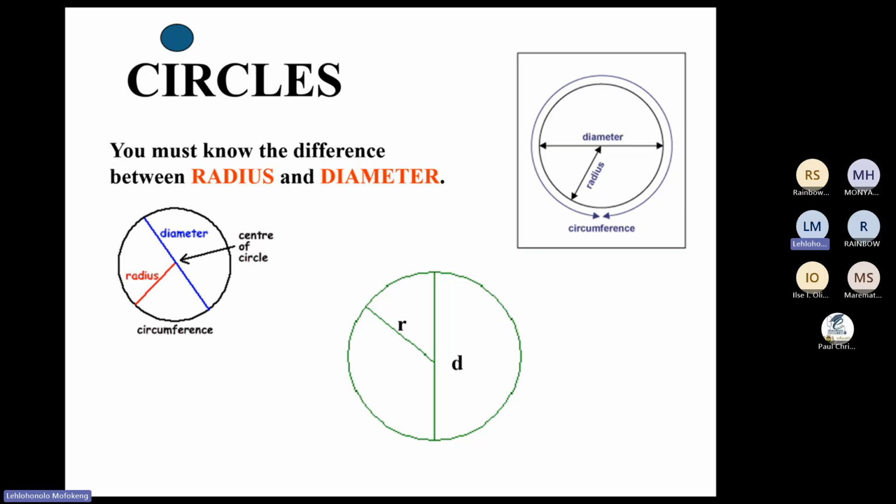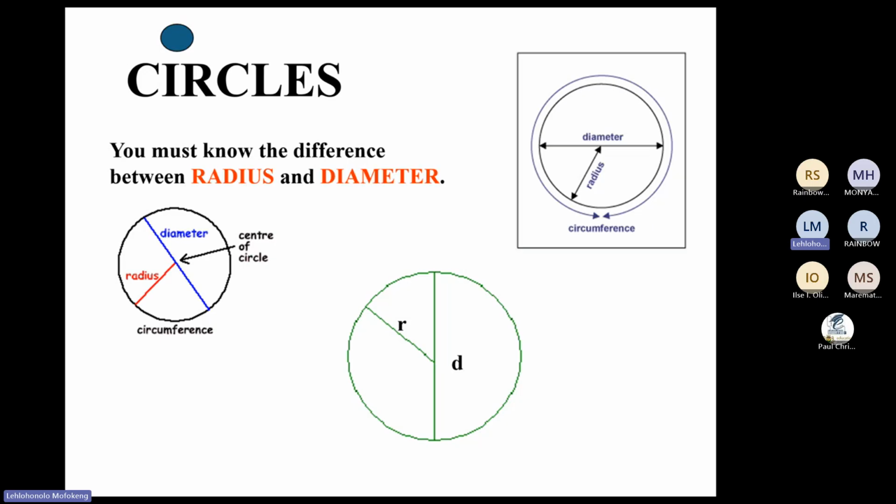And then we also have to know what a circumference is, because I indicated that a diameter goes from one point on the circumference through the center to a point on the other side. So circumference is the distance around a circle. In other shapes like a rectangle, we talk about the perimeter, but specifically in a circle, we mainly talk about the circumference.